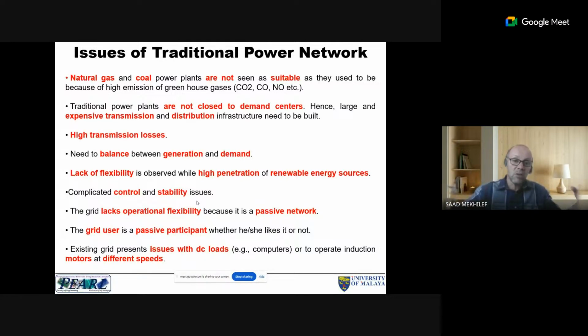Different countries have interconnected grids. For example, in Southeast Asia, from Laos to Thailand to Malaysia to Singapore to Indonesia. All these are grid connected. It's one grid, becoming very large and very huge.